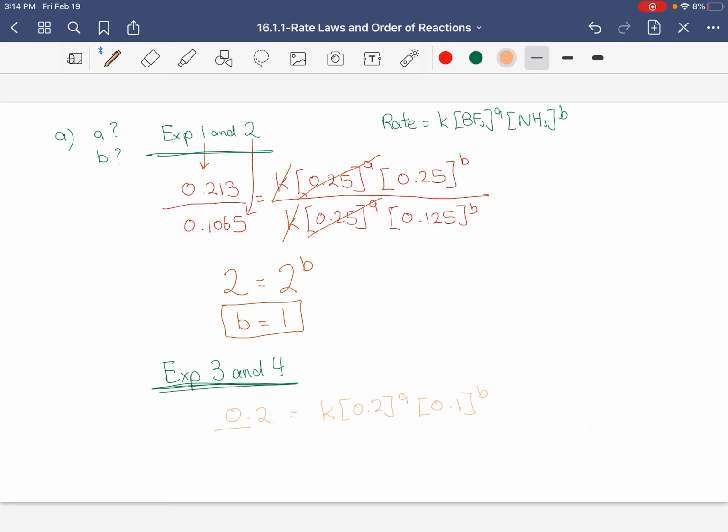Okay, let's take a look at experiment 4. Experiment 4 in terms of speed is 0.35, is equal to K times... Oh, wait, what am I doing? Must be looking at the wrong thing. Why did I look at the concentration?